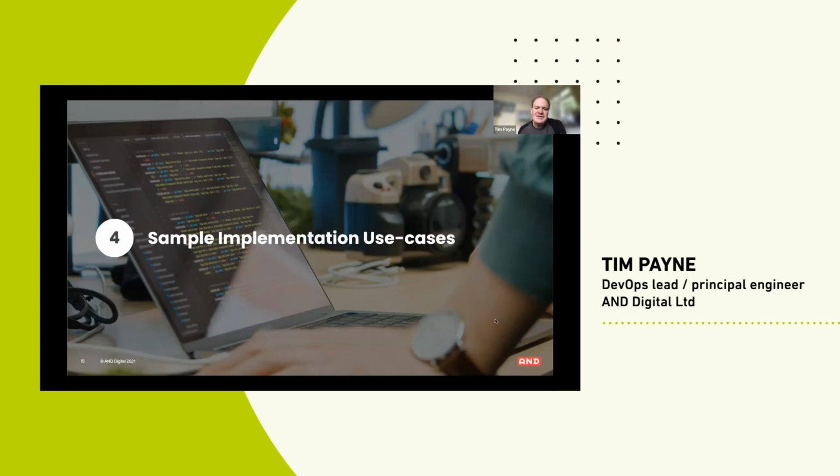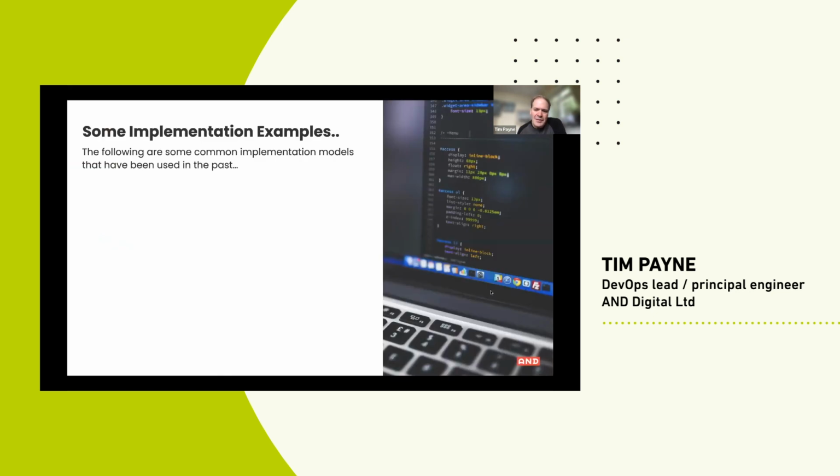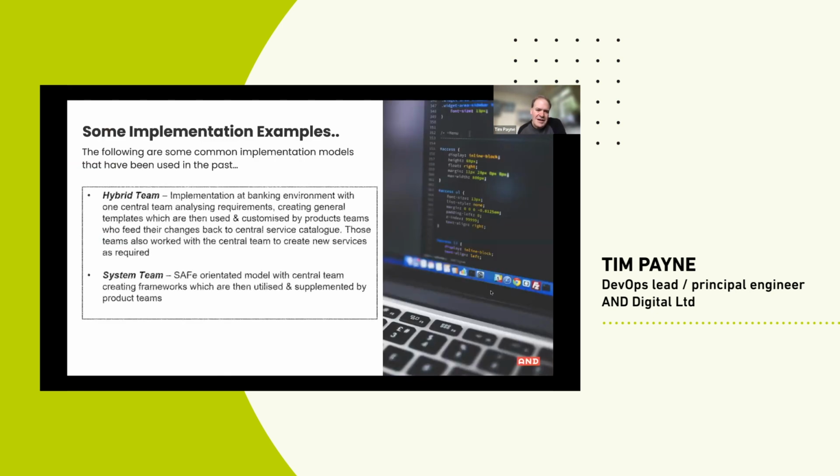So looking at some sample implementation use cases, these are the two types of models that typically get used when you're looking at implementing DevEx within organizations. There's a hybrid team approach, which in this case, I'll show you one that we did at a banking organization. Basically, one central team owns the analysis requirements. They create general templates, which are then used and customized by the product teams, who then feed those changes back to the central catalog.